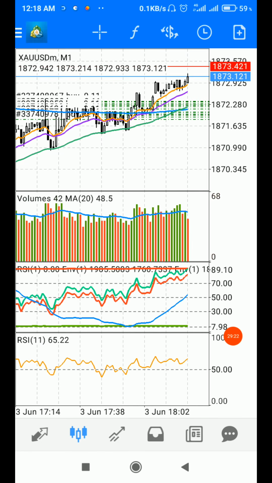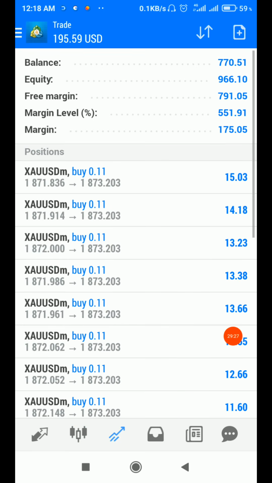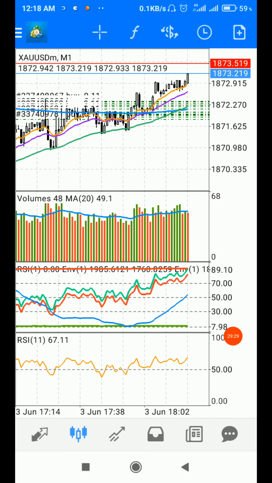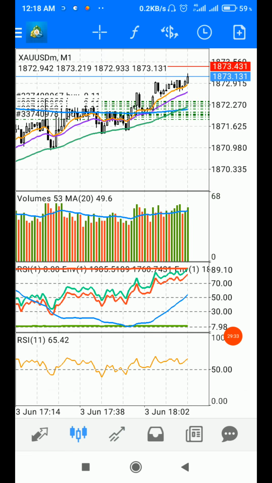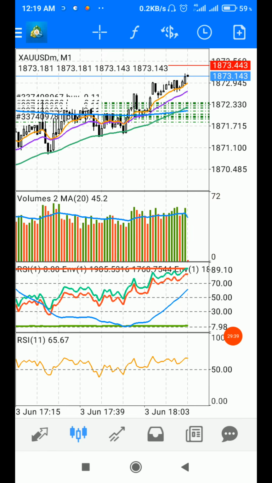So right at this moment you can see here we are profiting $950, and price is hitting much upward, 966, and as you can see the price breaks the previous lines, previous highs, and it is straightforward upward.